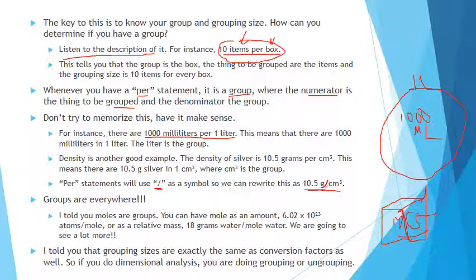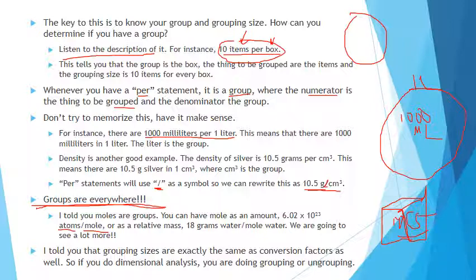Now, I told you groups are everywhere, especially in chemistry. I told you moles are groups. You could have moles as an amount, such as 6.02 times 10 to the 23rd atoms per mole. That means if you have 1 mole of substance, you're going to have 6.02 times 10 to the 23rd.